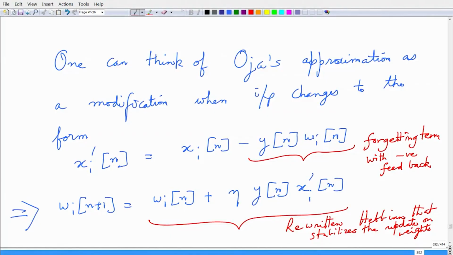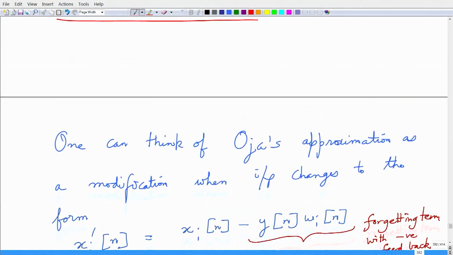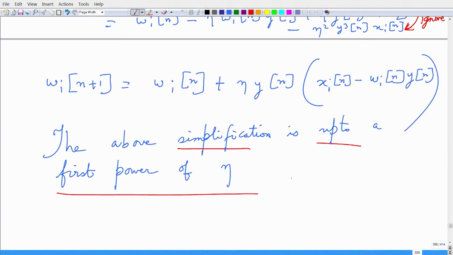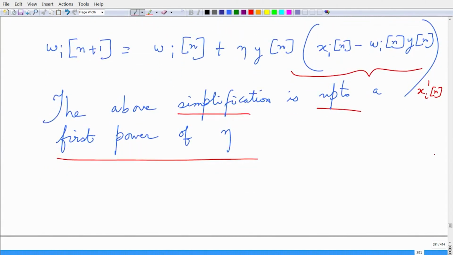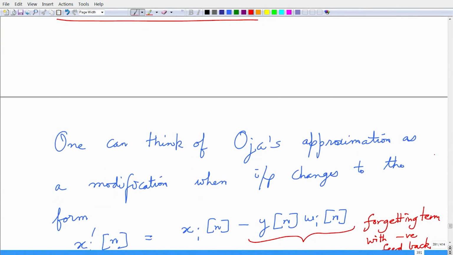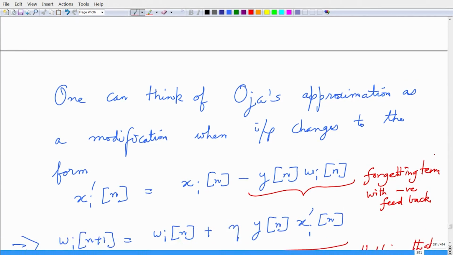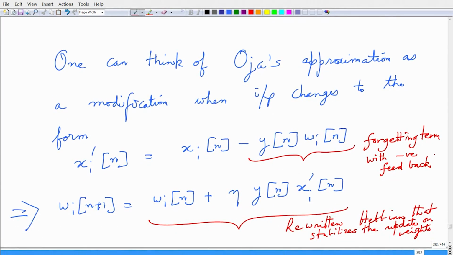So, if you concentrate on this term, which I call xi prime of n, xi prime of n is basically xi of n minus y of n times wi of n.